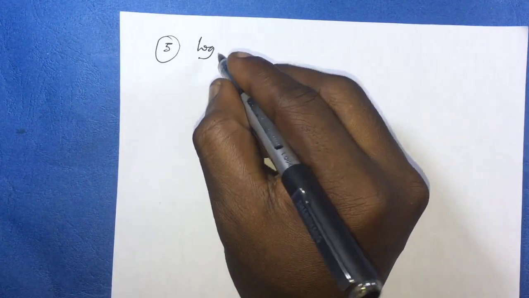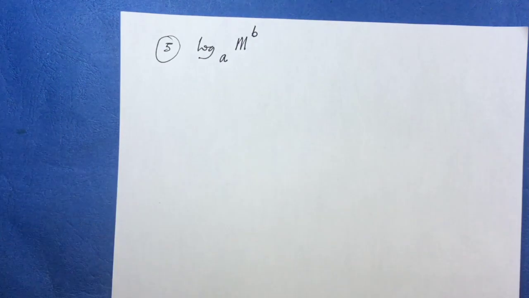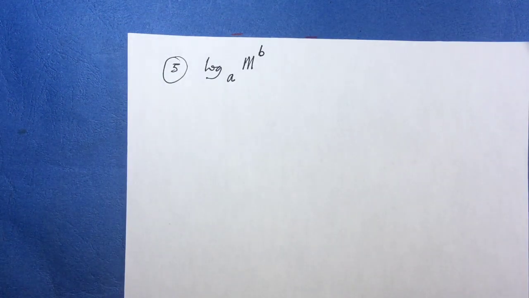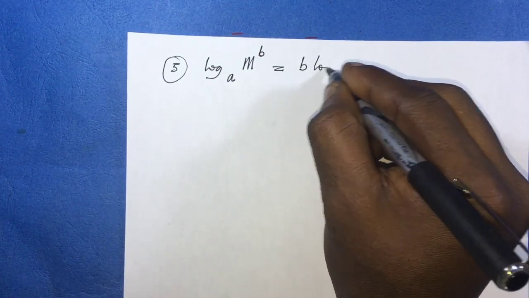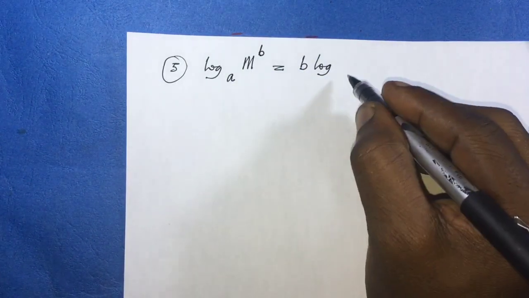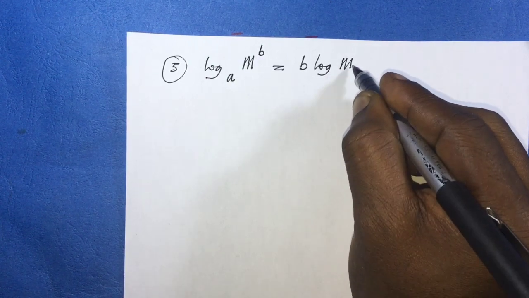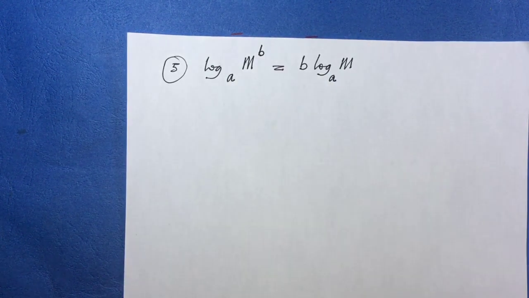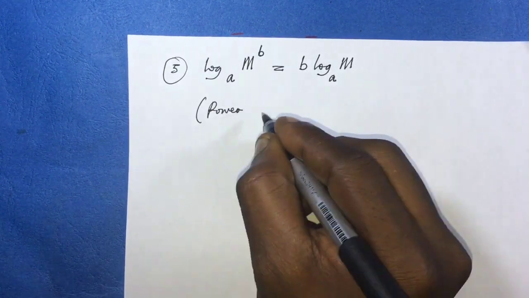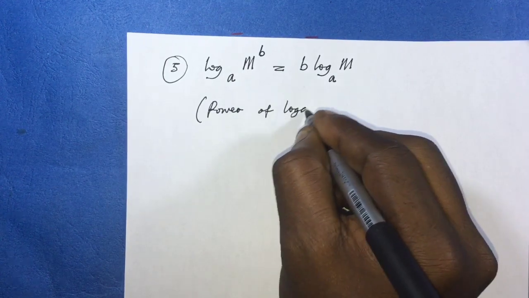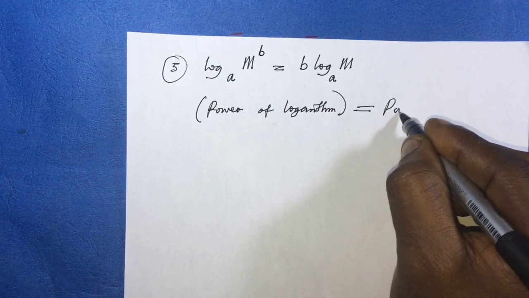The logarithm of a number m raised to a power b is equal to b, the power of the number whose logarithm we seek, multiplying the logarithm of that number in base a. So I'm going to call this law the power of logarithm law, or just power law.